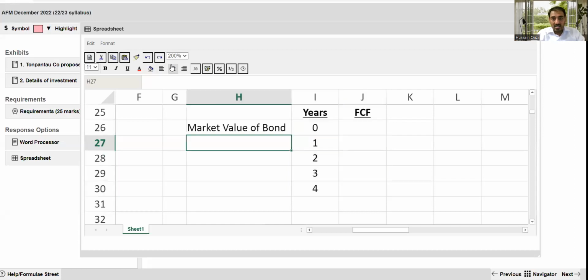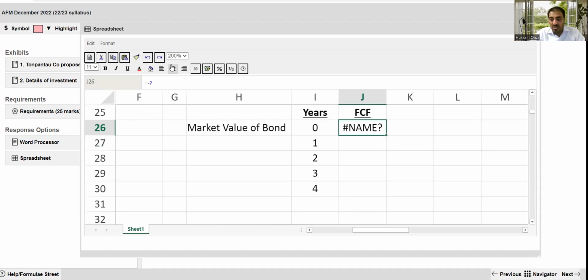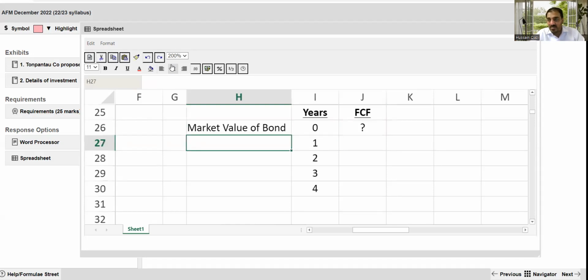The future cash flow here is in minus. But what is the value of the bond? Nobody knows. The investor invests the value of the bond here, but we don't know what the value is. Then they will get return interest. Interest is always coupon rate into par value.